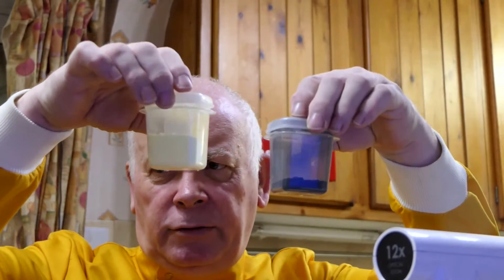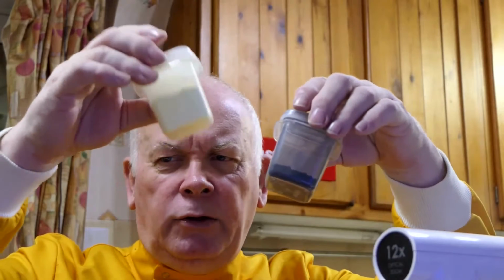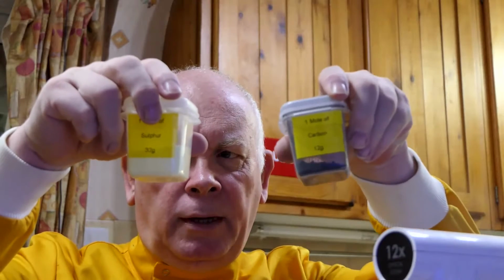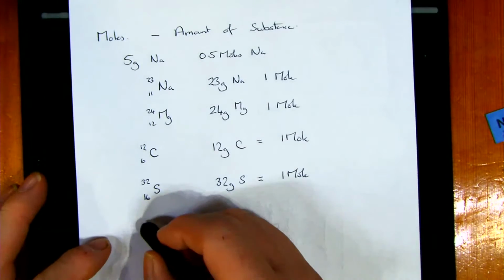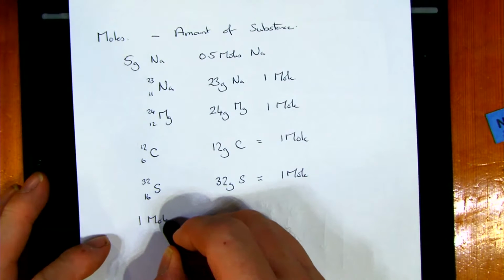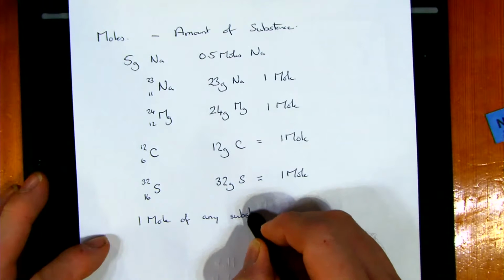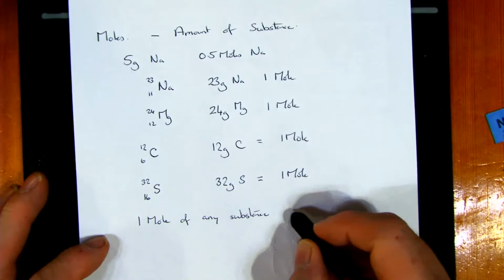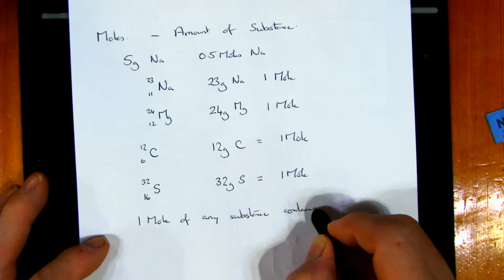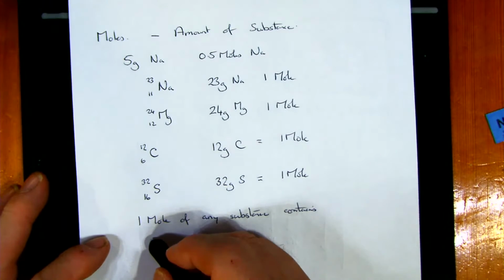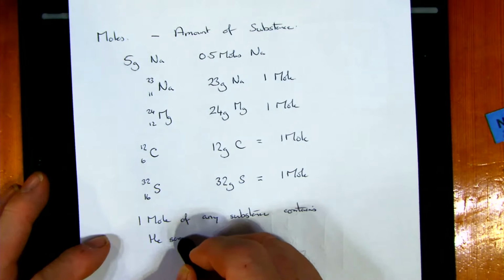Now, that doesn't seem right, because if I take these two substances, I've got an enormous amount of sulfur here, and I've got a small amount of carbon. But the interesting thing about this is that 1 mole of any substance contains, building the excitement here, the same number of atoms.